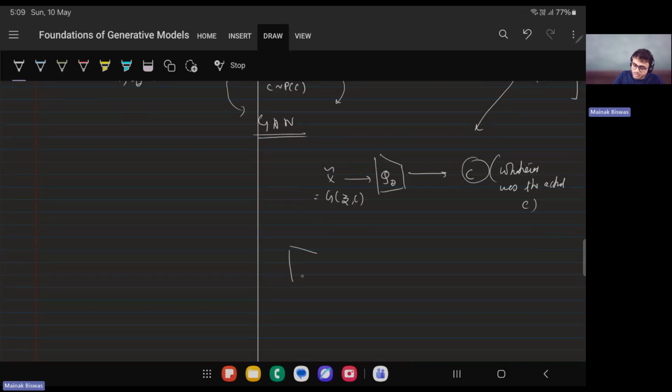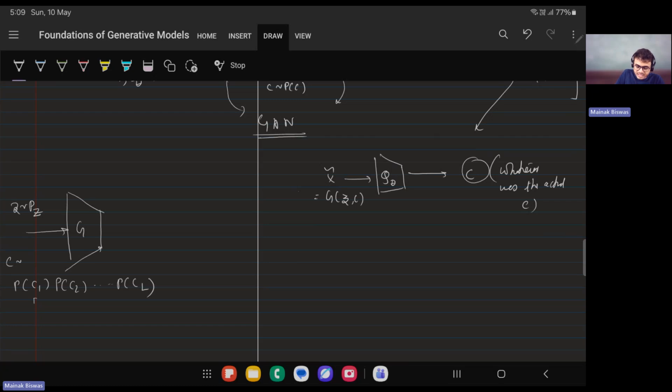So now the architecture becomes the generator architecture. It's quite simple. This is my generator architecture. You sample Z from PZ, right? And you sample C independently from PC1, PC2, PCL.